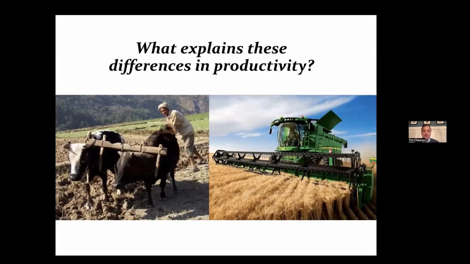So if we revisit the question I started with, again, it's not about the individual knowing more. Actually, the farmer on the left might know how to handle his oxen and produce his own local seeds, in ways that the farmer on the right might not, who only knows how to drive and use the air conditioning and not even how to repair the harvester that he is working with.